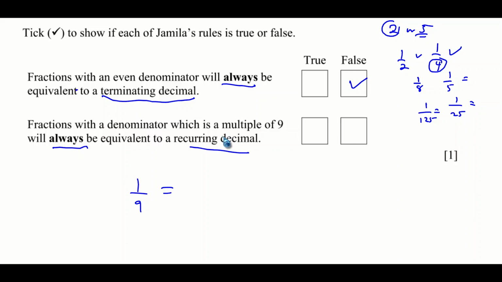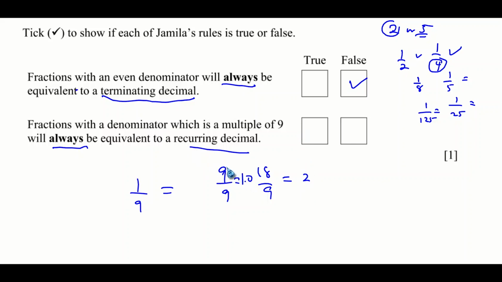But let's say you have something like 9 out of 9, or you have 18 out of 9. 9 out of 9 will give you 1, which is a terminating decimal, not recurring, so it will be 1.0. And 18 out of 9 will give you 2, which is the same as 2.0, a terminating decimal.